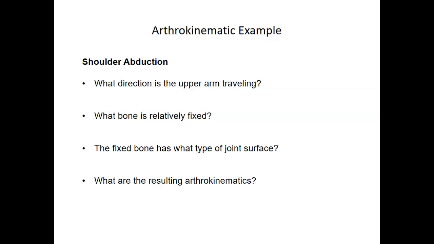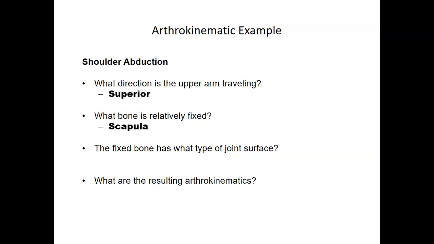So let's do shoulder abduction. If I'm abducting my shoulder, what direction is my humerus traveling in? Let's call it superior. So what bone is relatively fixed? What's the other side of the shoulder joint? Scapula. So the scapula is fixed.